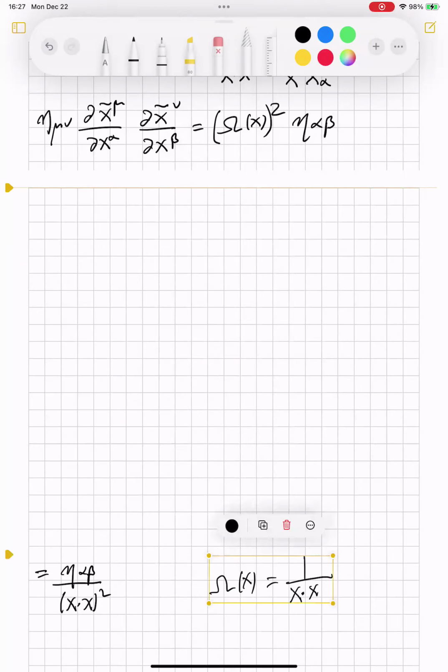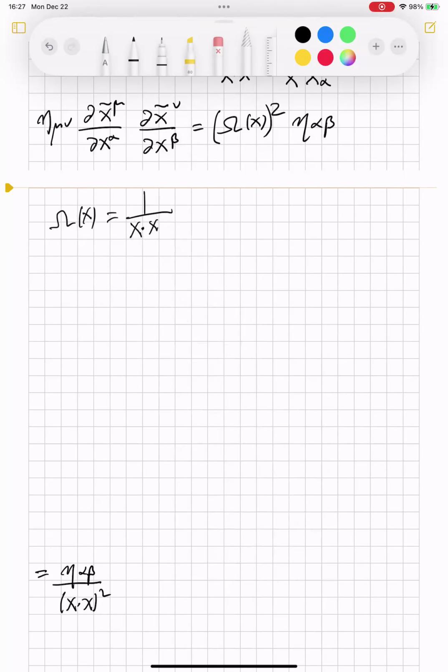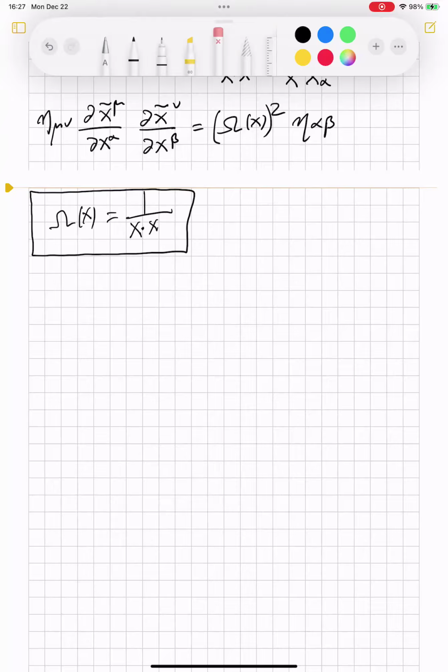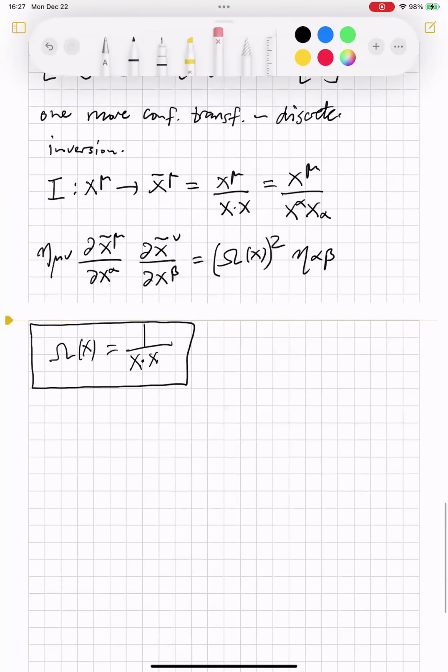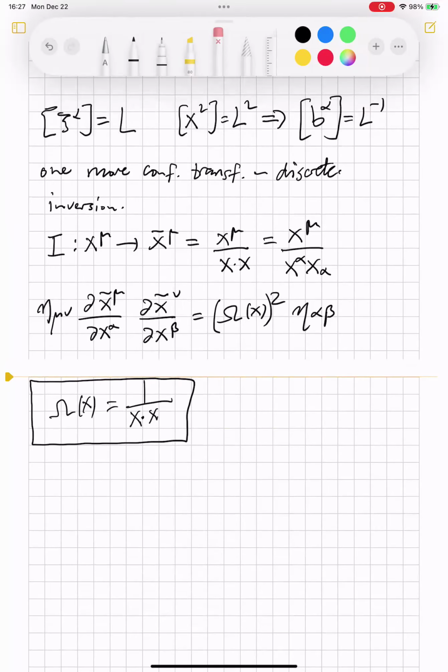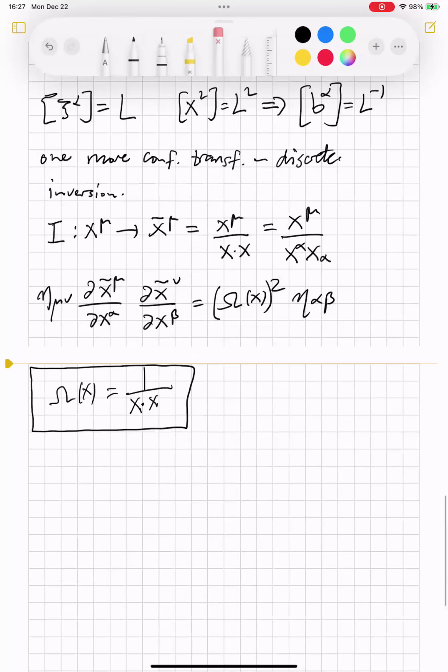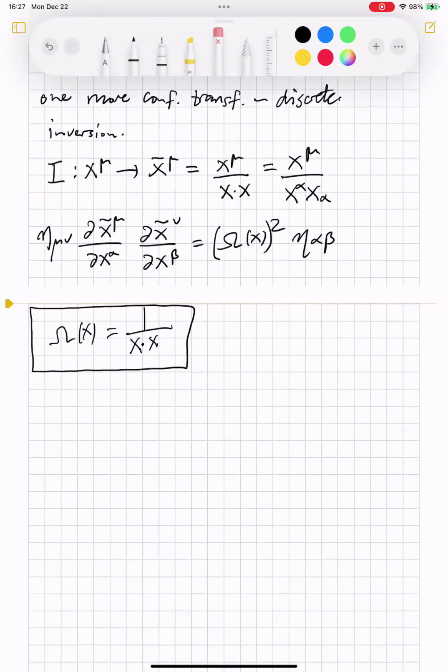Here too, we see there's a non-trivial scaling, but the difference between the special conformal transformation and the scaling transformation that we considered before is that omega of x really depends on x. So this is now an x-dependent rescaling.